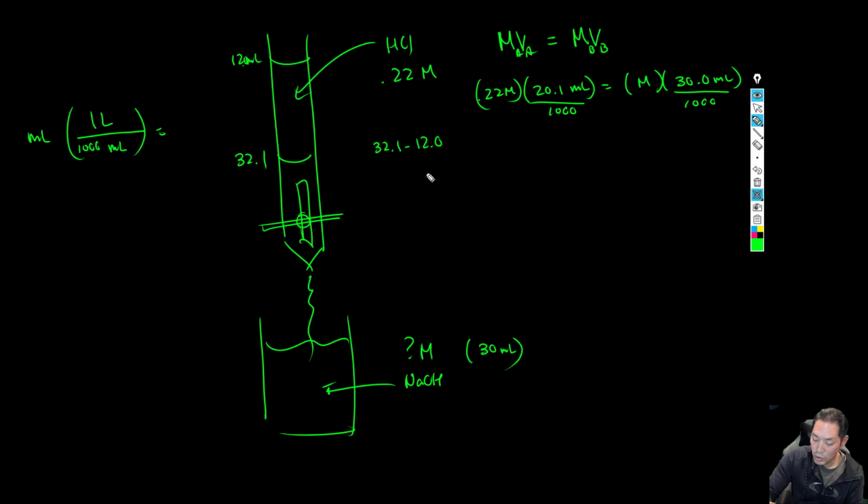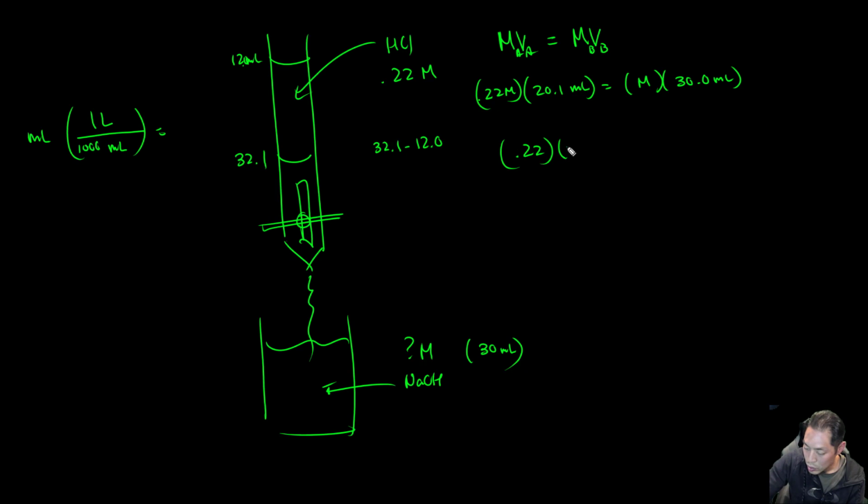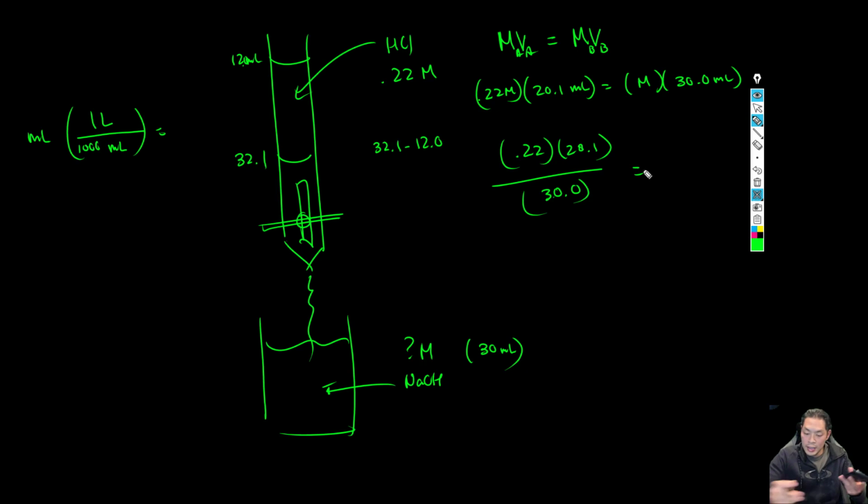So if it took 20.1 milliliters of 0.22 M HCl to neutralize this, I could find the molarity of this one. And all I have to do is isolate M. So I'm going to get rid of the 1,000 because I want to be lazy. All I have to do is divide both sides by 30. So 0.22 times 20.1 divided by 30.0 will give me my molarity.